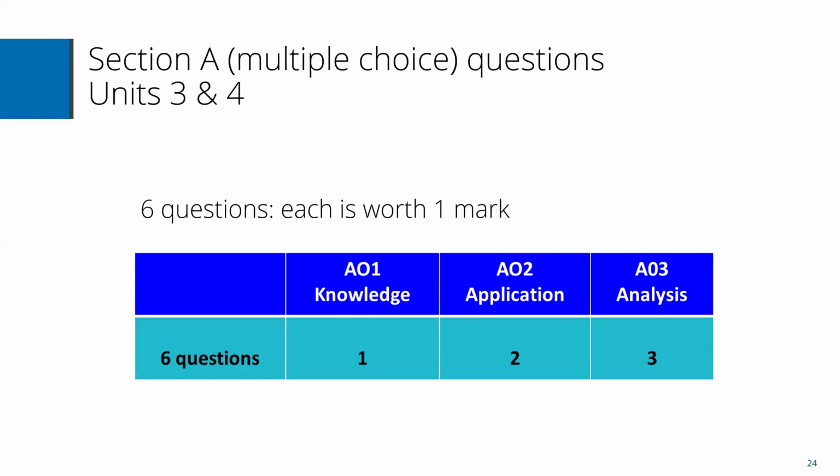Just to give you a bit more of an idea, page 84 in the sample assessment materials will give you some of those examples if you want to have a look at when we have a bit more time.